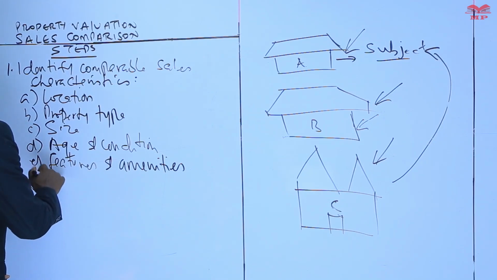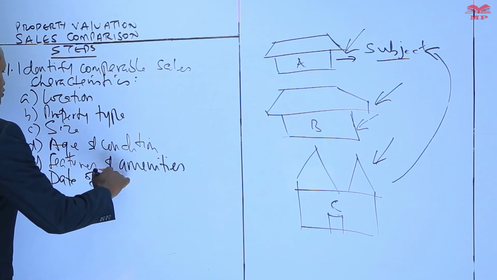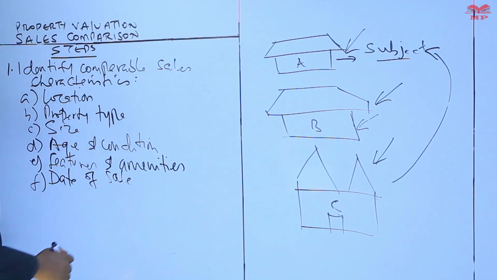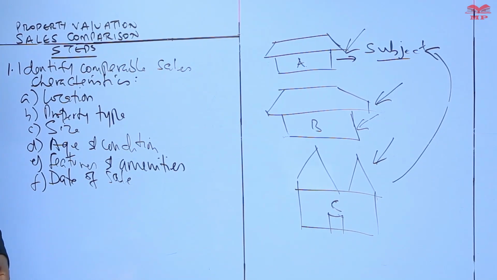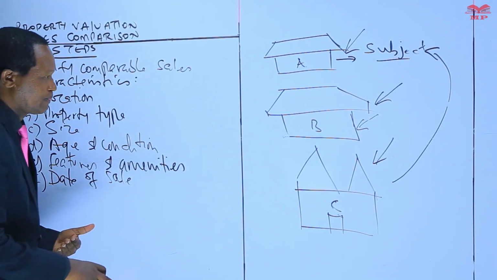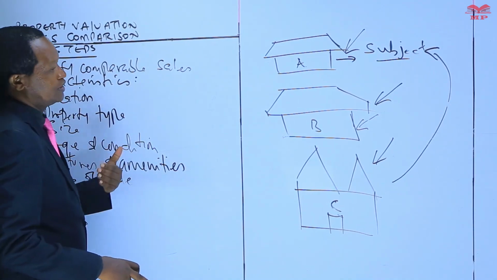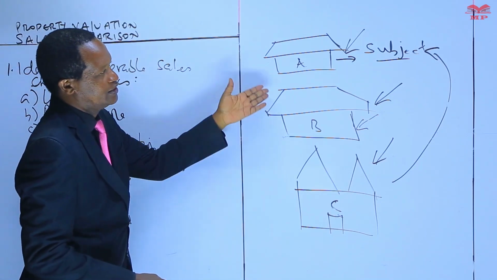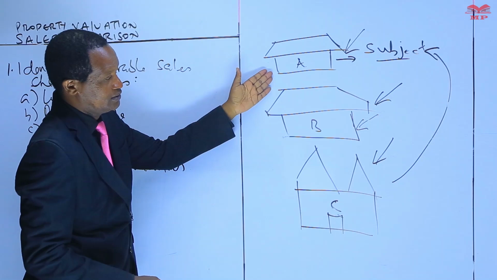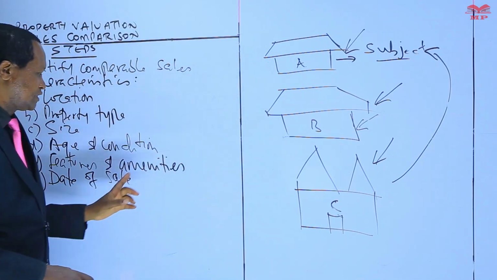EF, date of sale. The sale should be as recent as possible to reflect current market conditions. If you are to do a comparison of sales between the comparables and the subject property, then this is a very key feature.